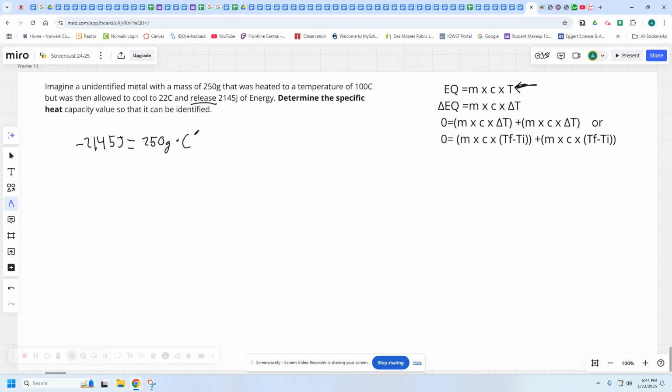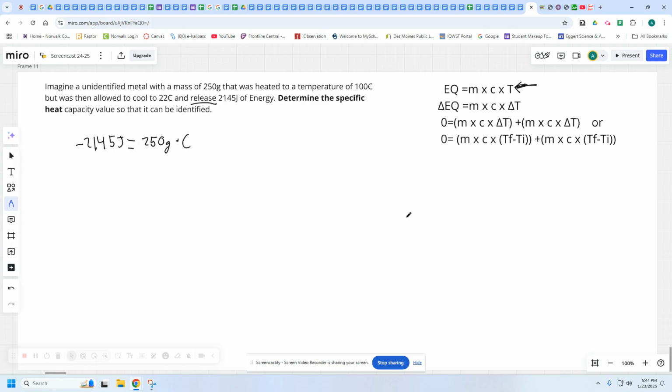times C, which we do not know yet, and the change in temperature, you guys can figure out on your own if you pause the video and have worked on this on your own. You have the option to either put this into Celsius or Kelvin. The reason why it doesn't matter whenever there's a change in temp is because 1 degree of Celsius change is equal to 1 Kelvin change. So it doesn't matter here.